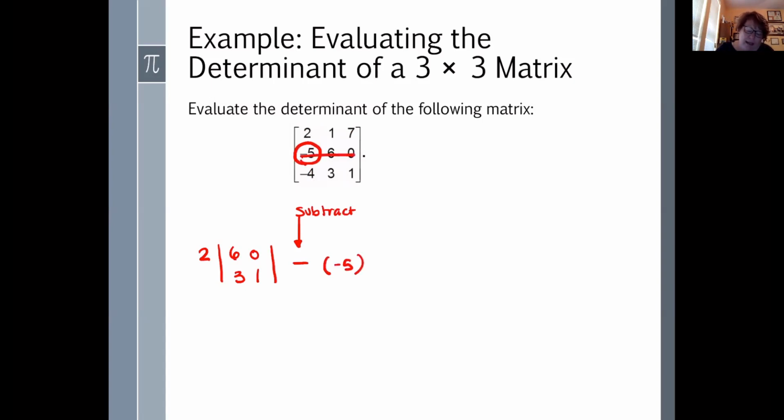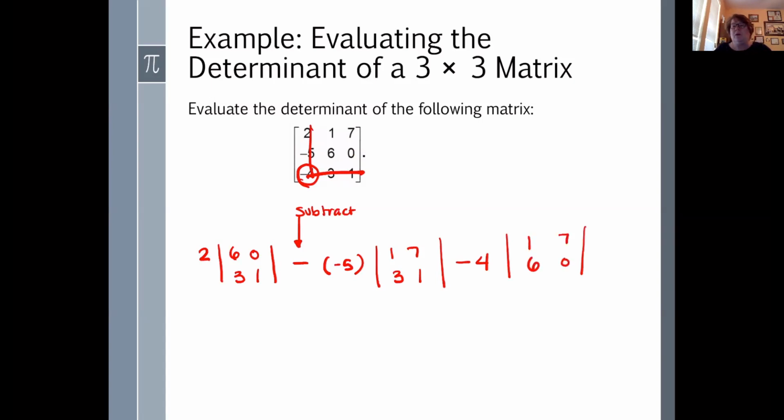And then I'm going to cross out that row and that column. And I have 1, 7, 3, 1 left over. All right. Now we're going to do the last element in that first column. That's a -4. And it's going to be times 1, 6, 7, 0.